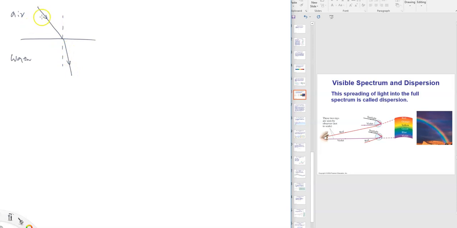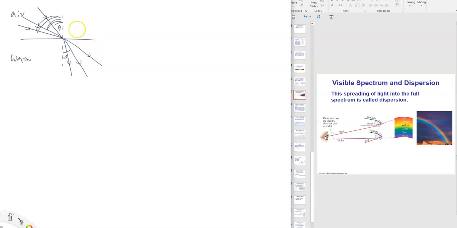If I increase the angle, if I increase this theta I or theta 1 like this, now I have a bigger angle, and the refracted angle is going to get increased, right? Initially it was this, now it's bigger. If I increase it further, making the incident angle bigger and bigger, this refracted angle is also getting bigger.